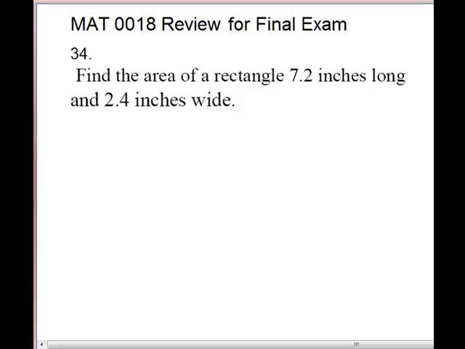We're going to find the area of a rectangle 7.2 inches long and 2.4 inches wide. So you need to remember the formula for area of a rectangle. Let's make a picture. So we have a rectangle.